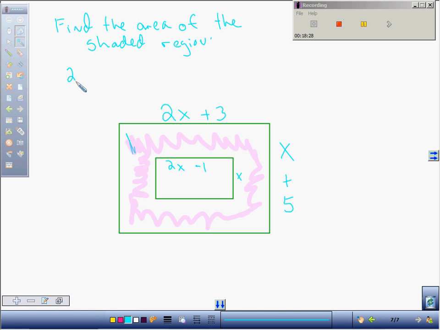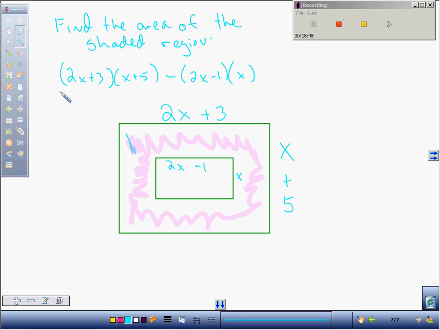So I'm going to do the FOIL method, 2x plus 3 times x plus 5. And I'm going to subtract 2x minus 1 times x. So here I'm going to FOIL.